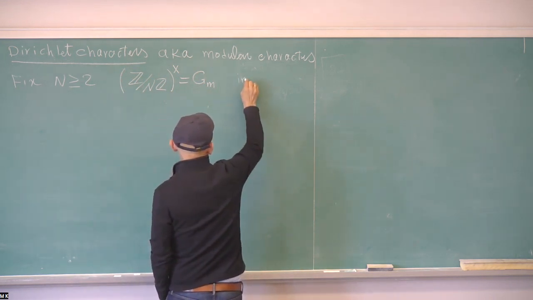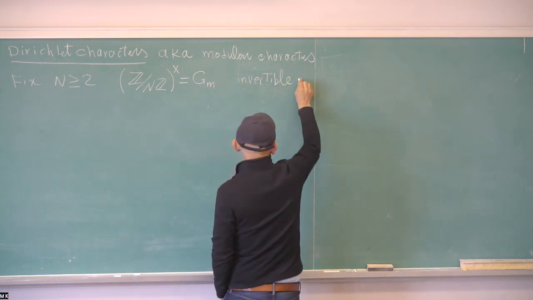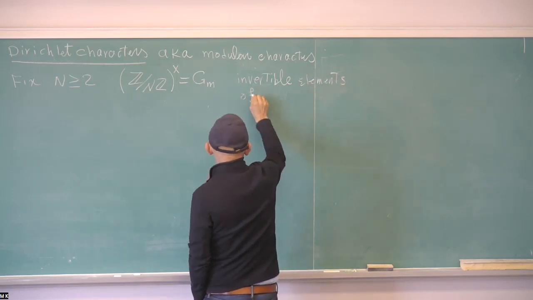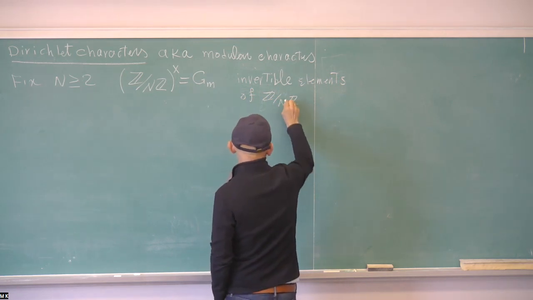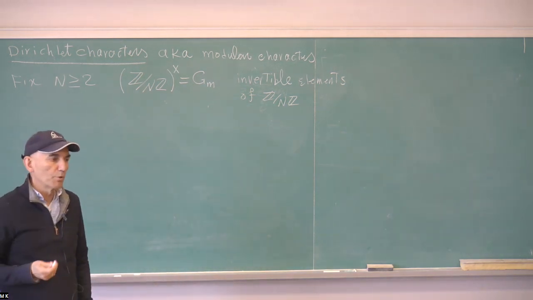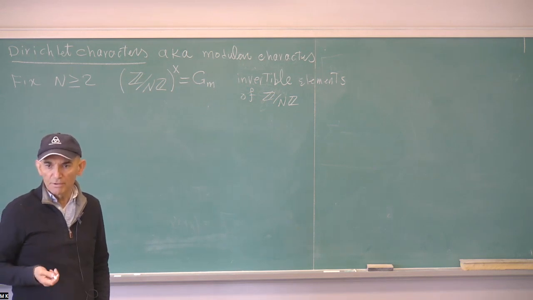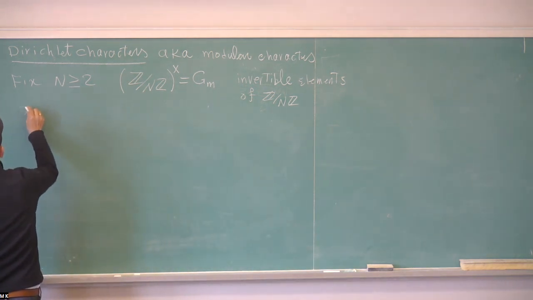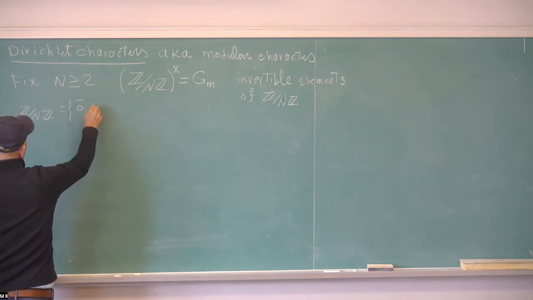So these are the invertible elements of Z over nZ. We know that a number modulo n is invertible in this ring if and only if it is relatively prime to n, right? Of course, this Z over nZ, you can write it by representatives 0 bar, 1 bar.